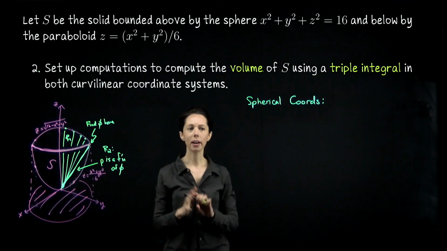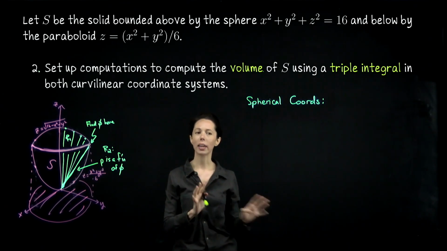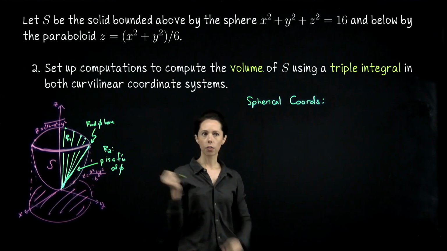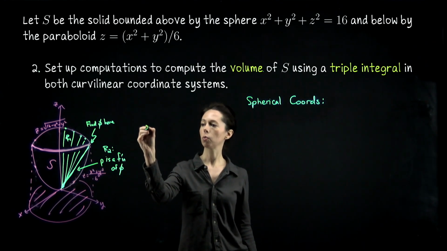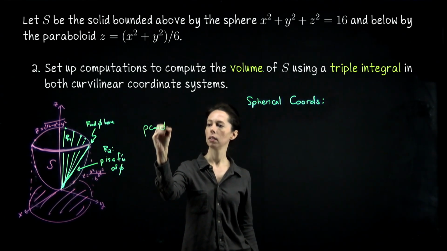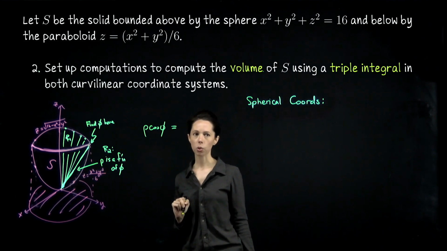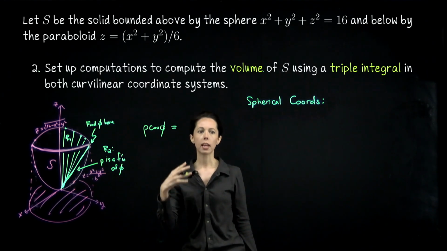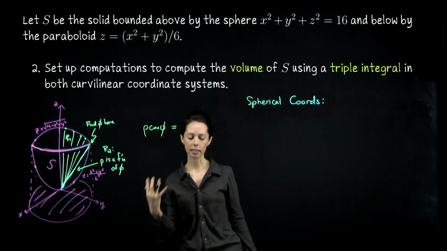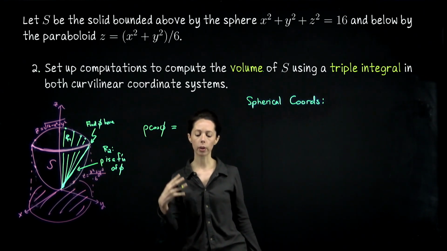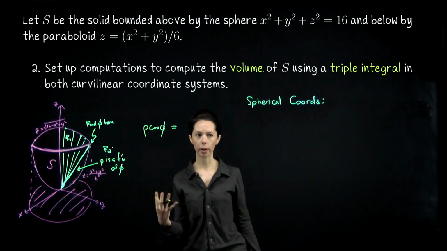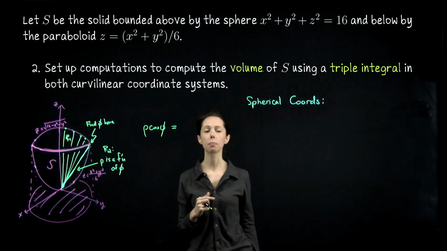So bear with me here. What I'm going to do is take the z, the x, and the y and just convert them to spherical coordinates. So for z, we're going to have rho cosine phi. For x squared plus y squared, if you write down x is rho cosine theta sine phi, y is rho sine theta sine phi, and square them and add them together, the thetas will combine to 1.